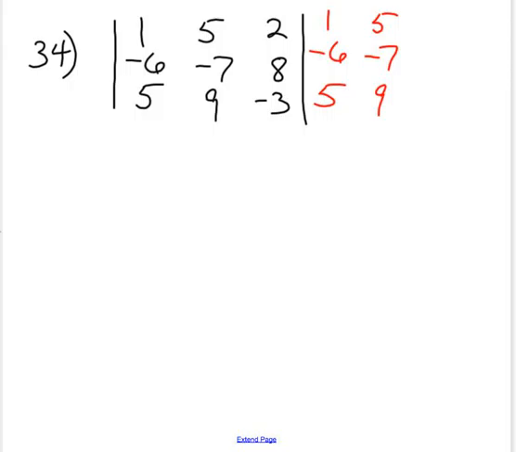I now have to multiply my diagonals. The first diagonal I'm going to multiply, I call them the downward diagonals. I start in the upper left-hand corner, and I multiply the three numbers I am circling in blue. 1 times -7 times -3.